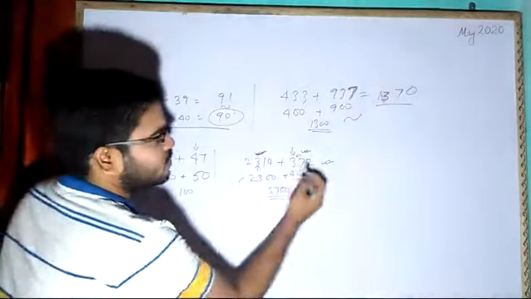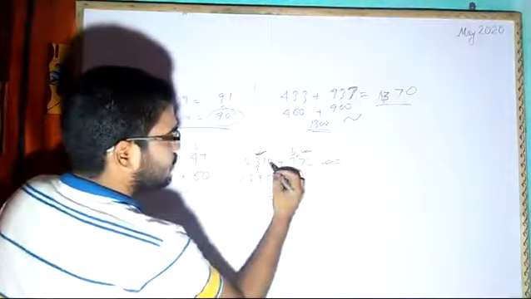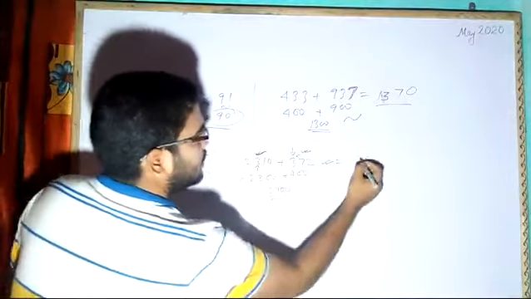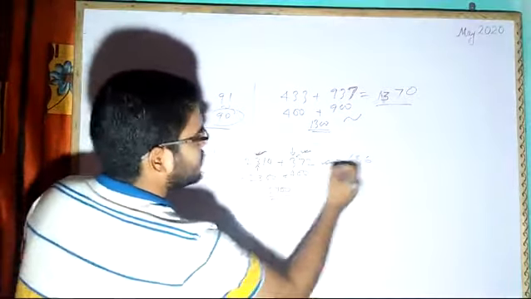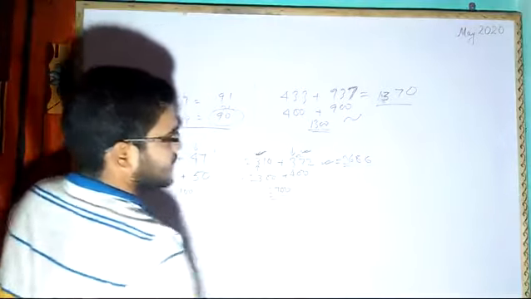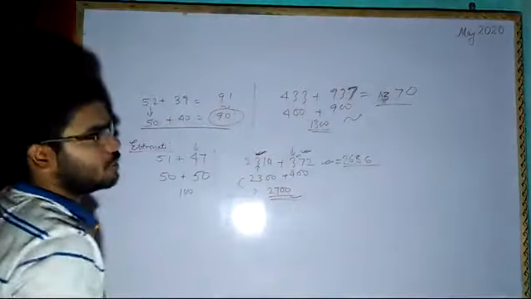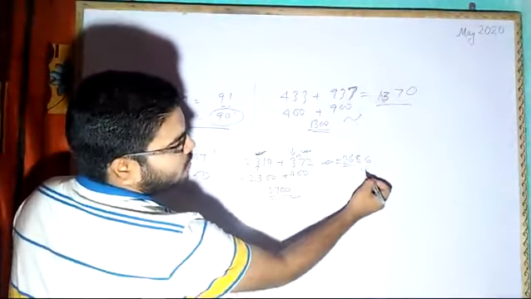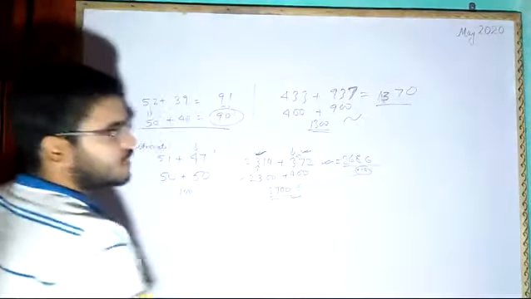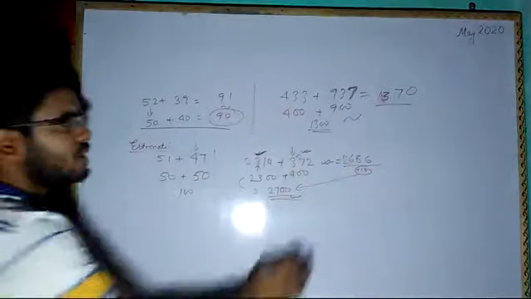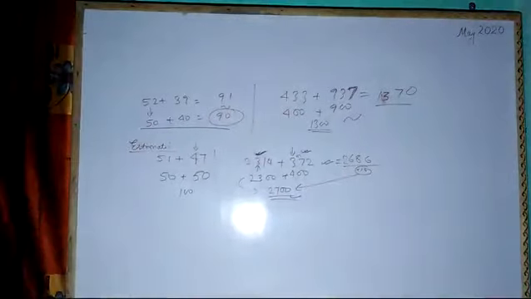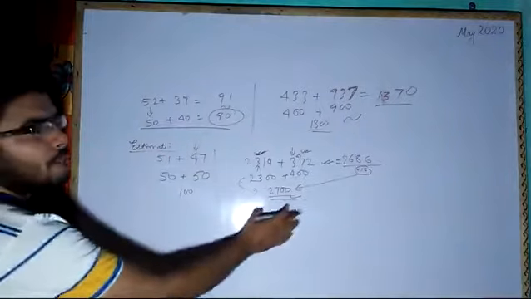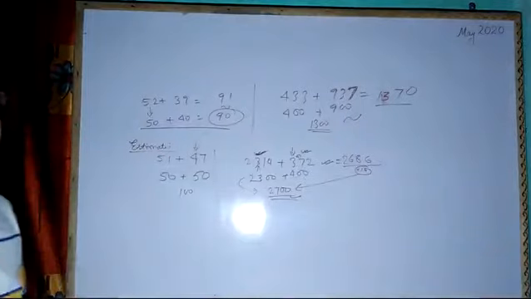If we add these two numbers exactly, it will take time: 4 plus 2 is 6, 7 plus 1 is 8, 3 plus 3 is 6, 2. So 2686. Here we are having 2700, just a bit more. So in this chapter we will be learning how to estimate so that we can reach up to the nearest value.